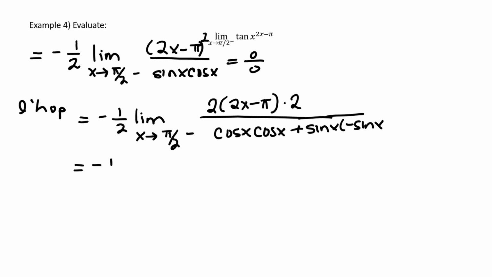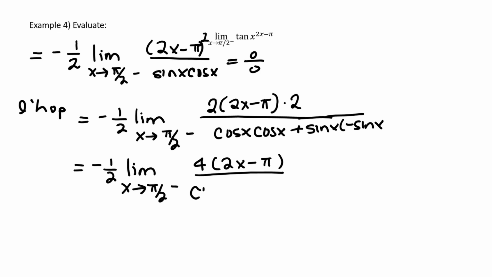So we've got negative 1/2, the limit as x approaches pi over 2 from the left of 4 times 2x minus pi divided by cosine squared x minus sine squared x, and we can actually take the limit.